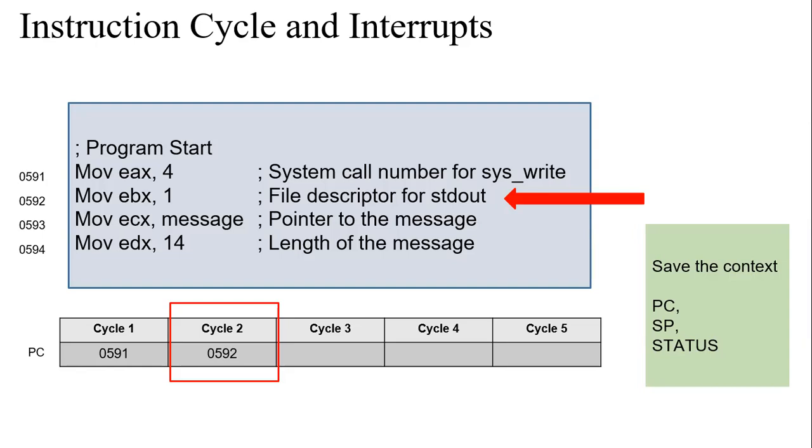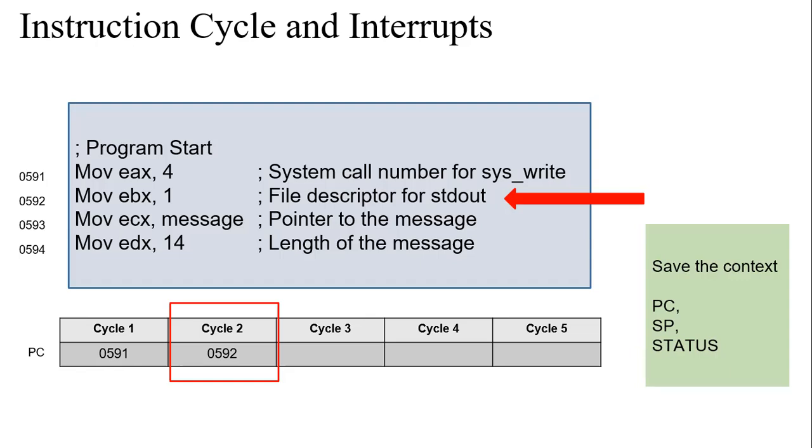And along with that, the context of the program, that means the value of the EAX register, the value of the EBX register, and all the values which have been saved during execution of the current program, has to be saved somewhere, because during execution of the interrupt service routine, these values can change, right?